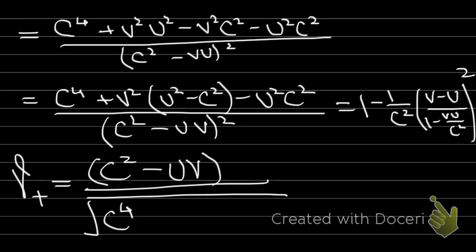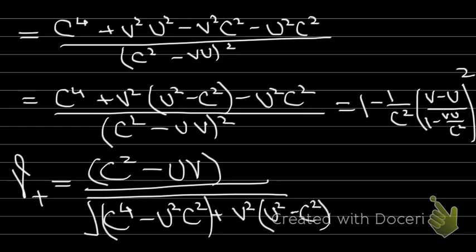So we would have c to the power 4 minus u squared c squared plus v squared times, let me put this in brackets, (u squared minus c squared). So it is the same term that is over here.